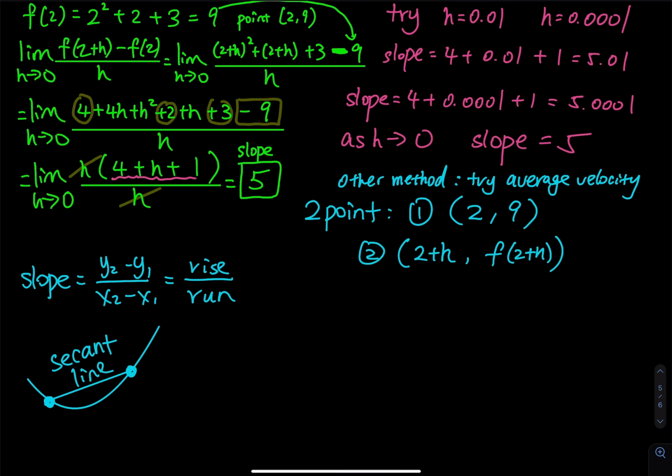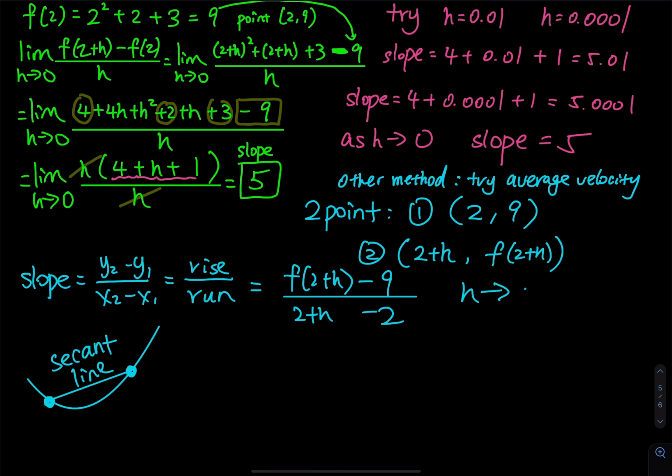Okay, so that is equal to f of 2 plus h minus f of 2, just write 9, right? Minus 9 divided by 2 plus h minus 2. Okay, so when h goes to 0, when h is very small, think about like 0.00001.